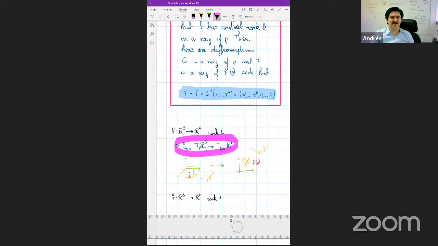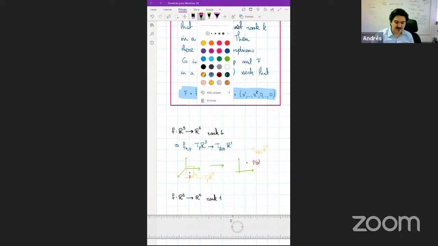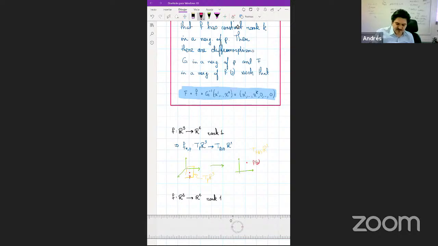You take a curve that goes through P, the derivative is some vector, and you push it forward, and that vector is going to lie in this line. So now I'm going to erase the subspace and draw the image. The image will look something like this, locally just a one-dimensional space.